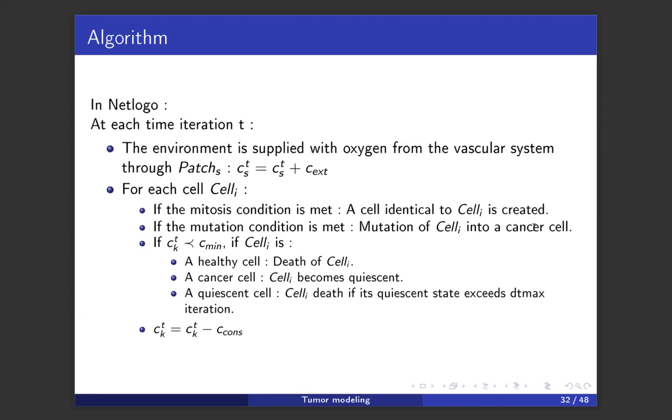If we have the mutation condition, we have the mutation of the considered cell into a cancerous one. And if the quantity of oxygen is less than the threshold or minimum, a healthy cell dies, a cancer cell becomes quiescent, and a quiescent cell dies if the quiescence state exceeds the maximum of time.